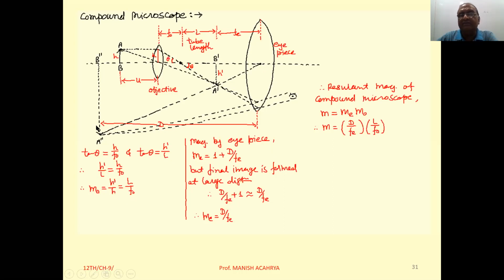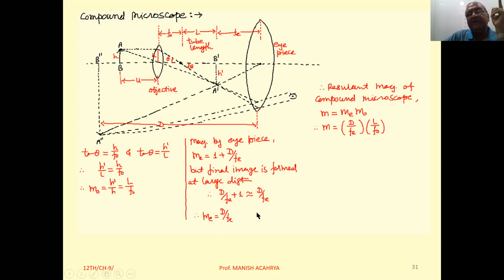It implies that D upon FE, this ratio, will be large compared to 1. So we can neglect one and we can write the magnification by the eyepiece is D upon FE.